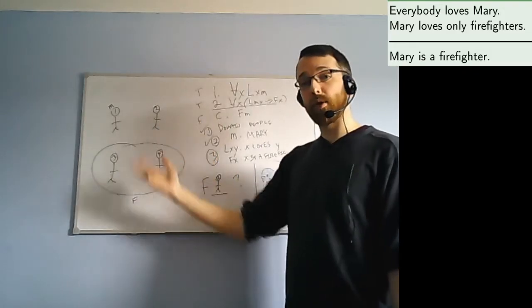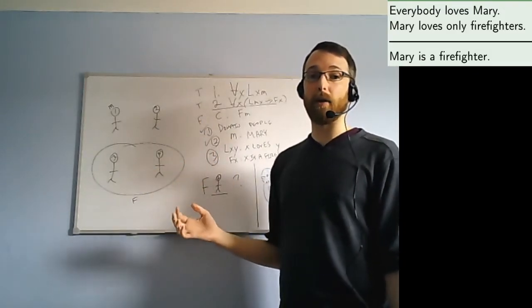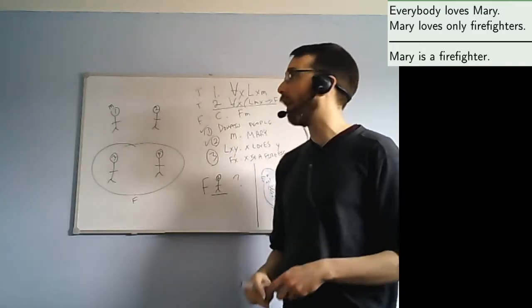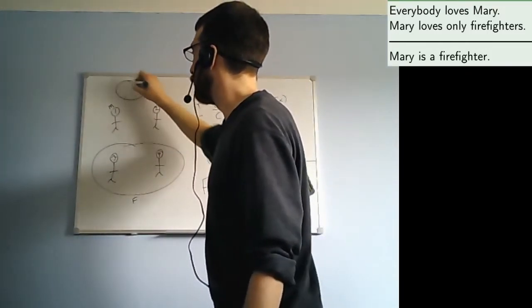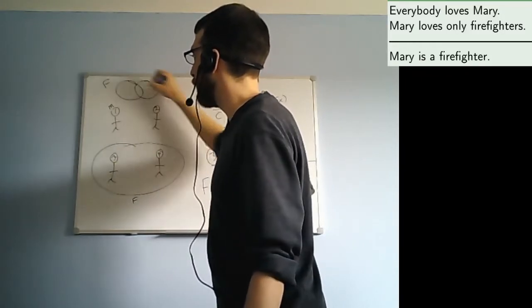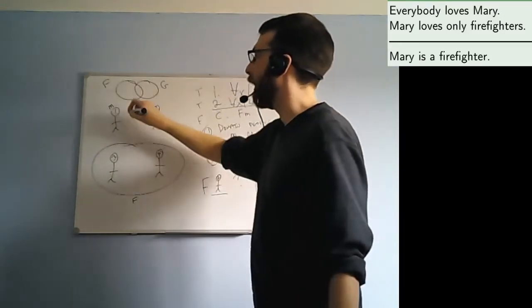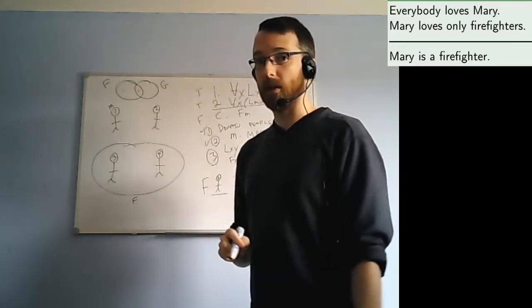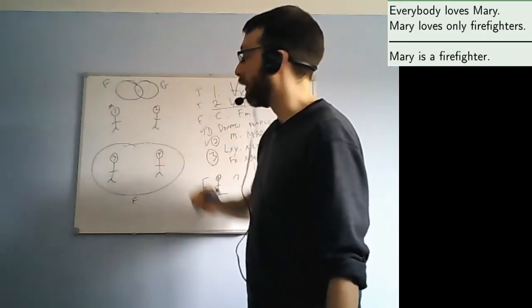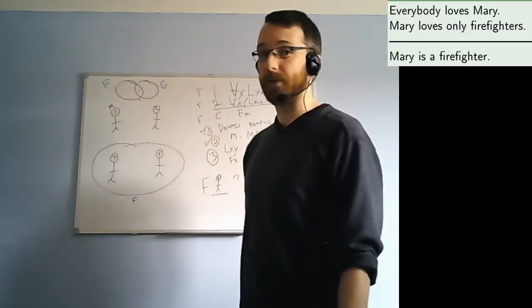You can think of this sort of circling thing as being like Venn diagrams. If I had multiple one-place predicates, you might think of something like this. If these are the F's and these are the G's, then any person in here is an F but not a G. Any person in here is both an F and a G. G but not F. Outside, they're neither.